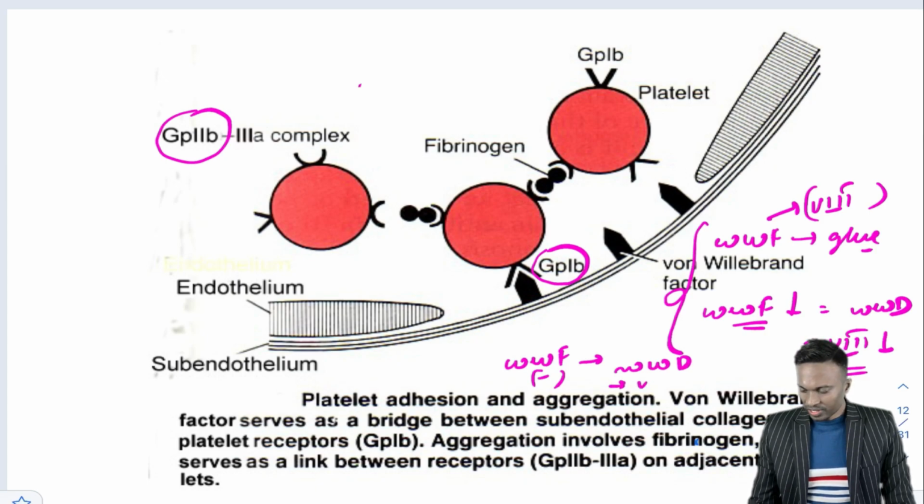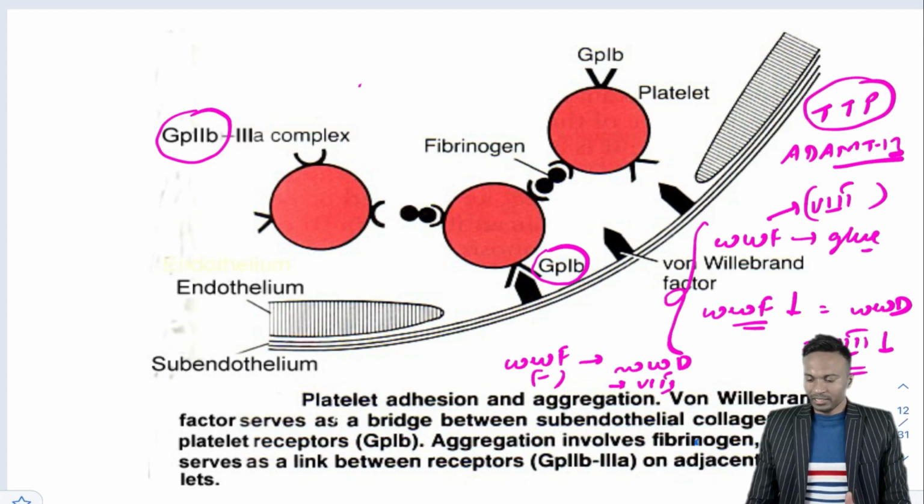Secondly, it will also affect the level of factor 8. Sometimes multimers of von Willebrand factor increase in case of gene defect ADAMTS13. It will lead to thrombotic thrombocytopenic purpura. So von Willebrand is basically glue and it is related to 3 diseases. First of all, von Willebrand disease.